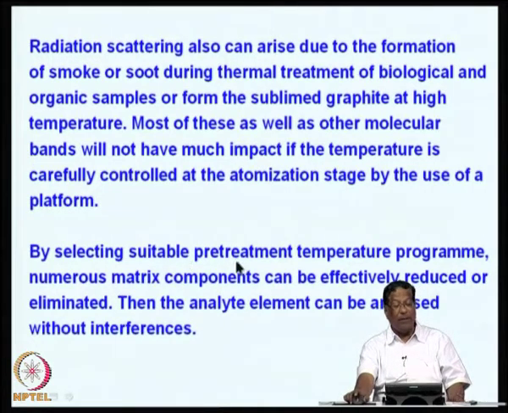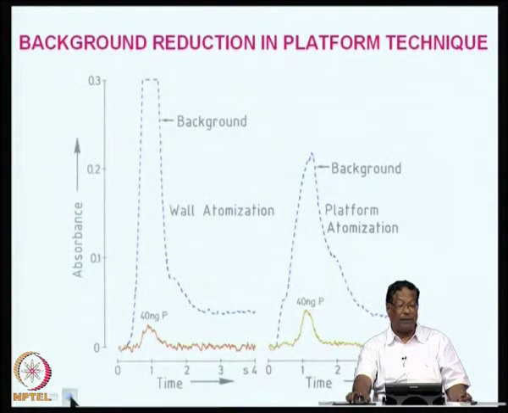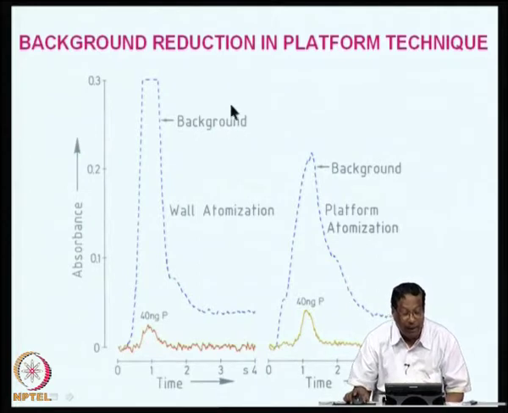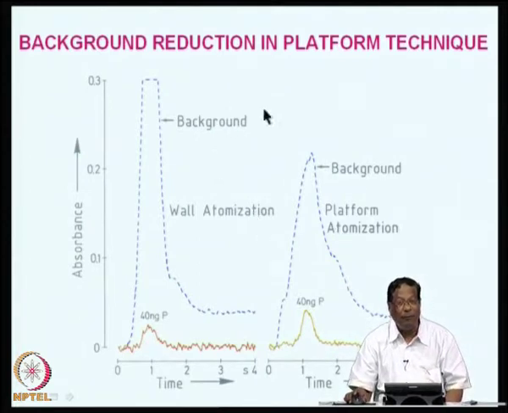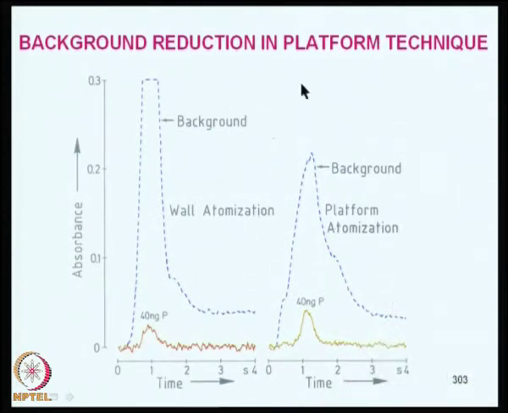So, by selecting a suitable pretreatment temperature program, numerous matrix elements can be effectively reduced or eliminated. This is the greatest advantage of the graphite furnace. The analyte element can be analyzed without interference, because you would have eliminated most of the interferences beforehand. For example, take a look at the background reduction in the platform technique.